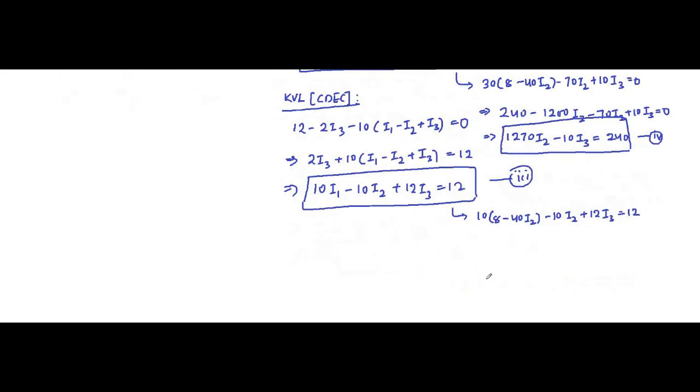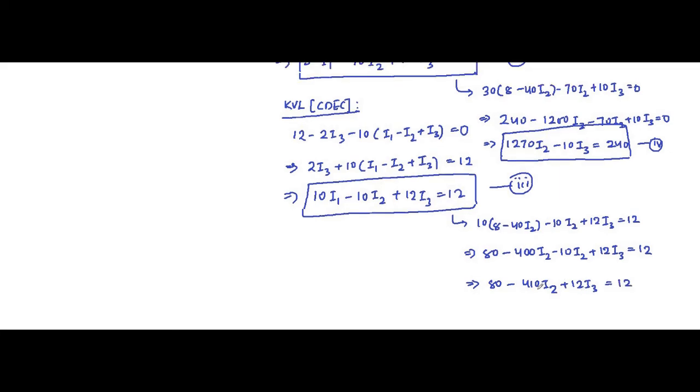That implies 80 minus 400 I2 minus 10 I2 plus 12 I3 is equal to 12. That implies 80 minus 410 I2 plus 12 I3 is equal to 12.